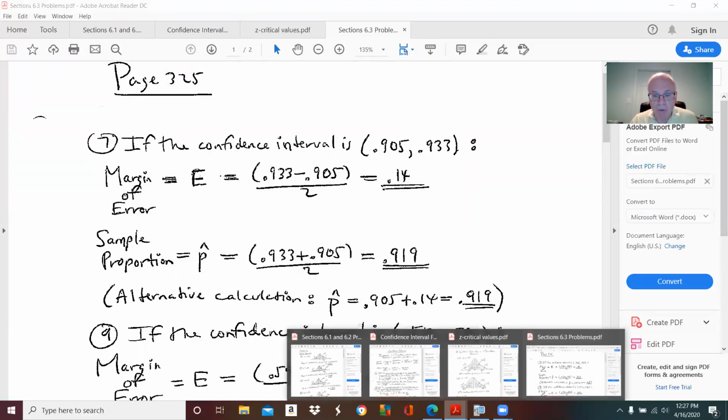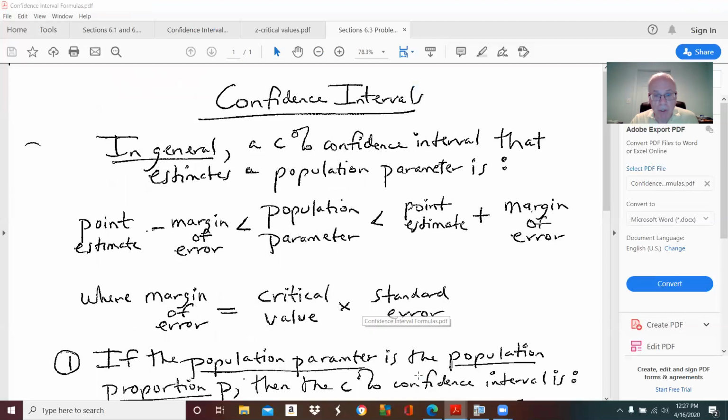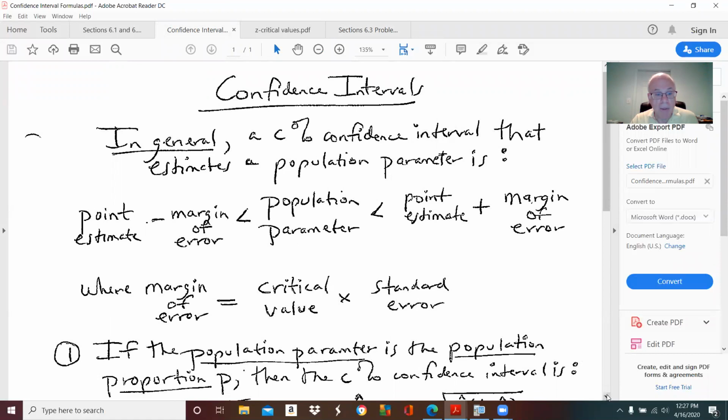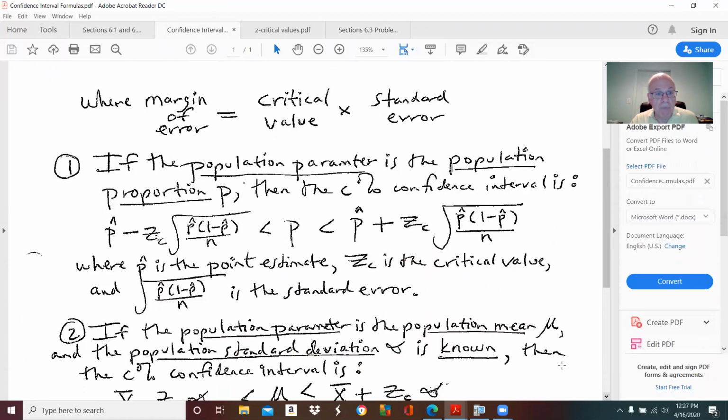Let me just see if I have the formulas here. Yeah, here it is right here. So this is number 1. The left end of the interval is p hat minus the margin of error. Margin of error is the critical value z times the square root, which is the standard error for a sampling distribution.